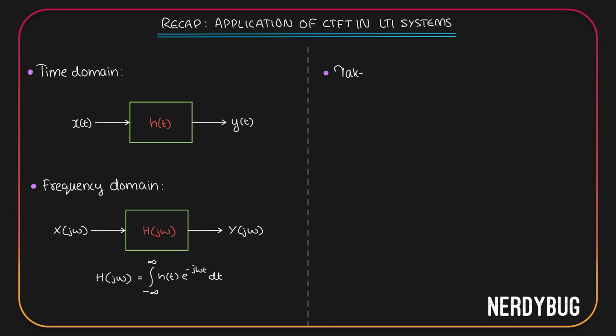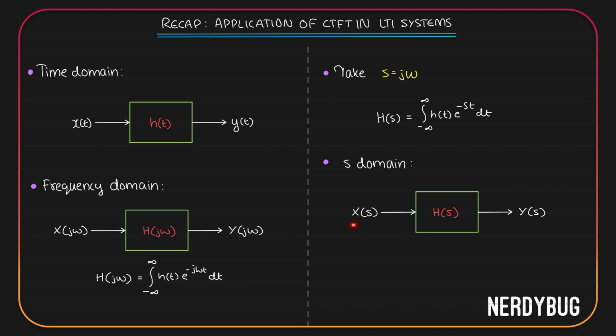Now, if we take s to be equal to j omega, then H of j omega will become H of s, and it will be equal to integral from minus infinity to infinity h of t e raised to minus st dt. Then we can show the LTI system in S domain like this. Input is X of s, output is Y of s, and the response is H of s.